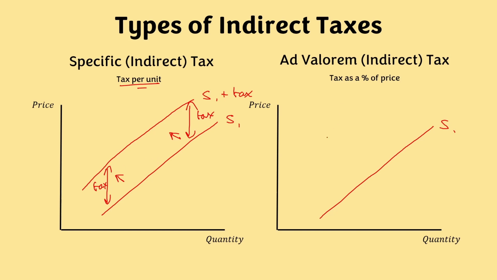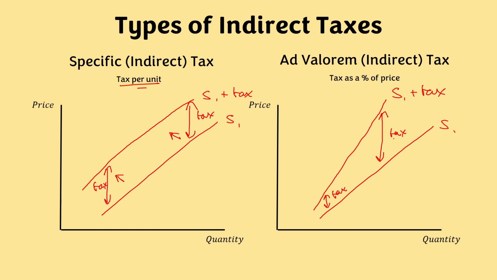On the other hand, we have something called an ad valorem tax, which can be represented as this. Now, as you can see, this second curve here is tilted, right? These are not parallel lines because, as you can see, if they keep going, eventually they would touch each other. Now, what this means is that the tax increases depending on the price, right?